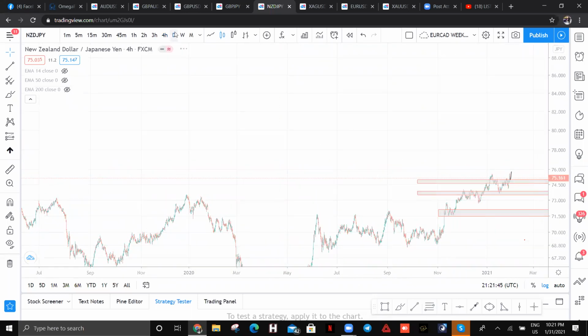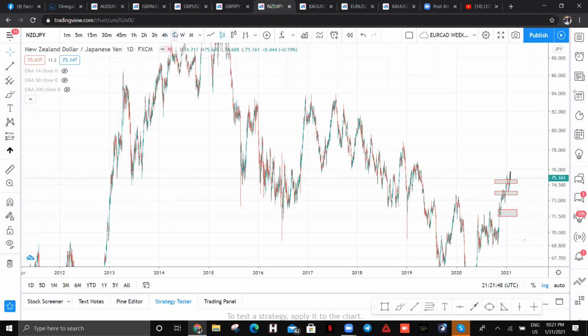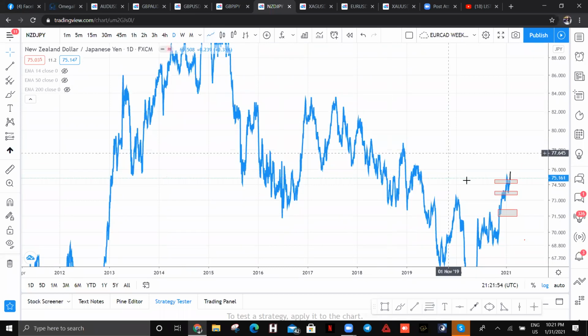I need to know the next one. I need to see the past. Yes, I have to see the past to determine what I'm going to do. So you can see that price is going up, NZD JPY. So my next TP could be somewhere around here.